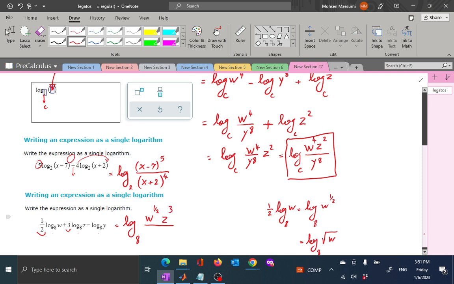Any item that is subtracted comes in the denominator. Whatever coefficient you have in front of it comes in the exponent. No coefficient means there's a 1. If there was, say, 5 here, we'll have y to power of 5, and that would take care of that problem.